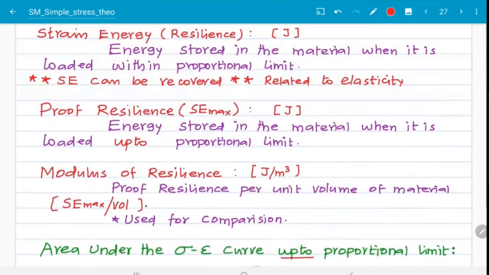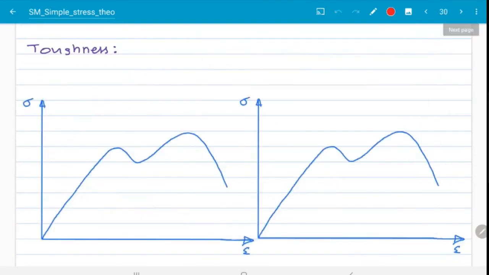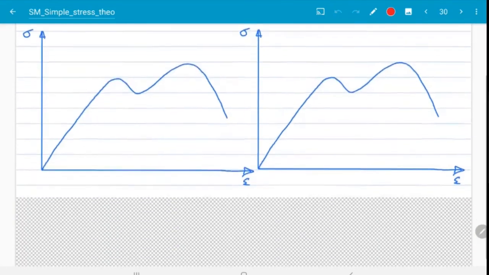We can give another definition for strain energy. Energy stored in the material by virtue of elastic deformation. Okay, right. Same meaning. Next, see here.